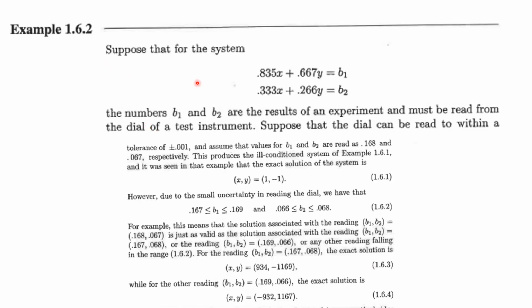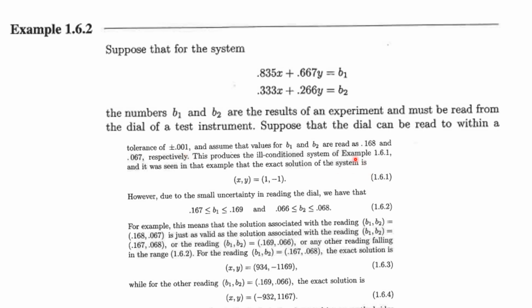Let's look at an example. So suppose you have this system and the numbers b1 and b2 are the results of an experiment and must be read from some test instrumentation. And the dial, the test instrumentation, can only be read to a tolerance of plus or minus 0.001.